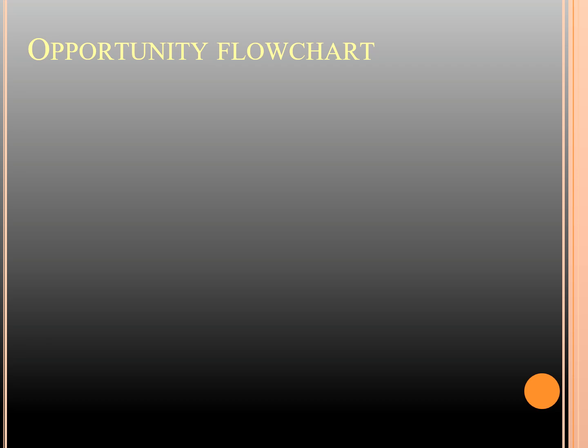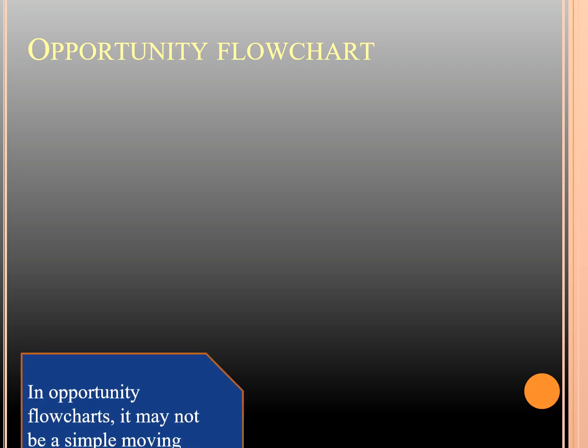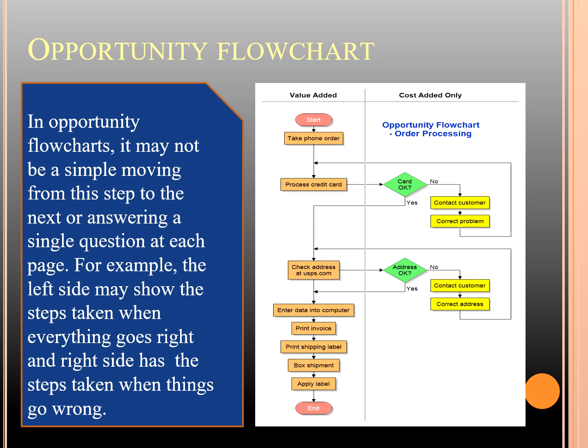Another type of flowchart is opportunity flowchart. In opportunity flowchart, it may not be a simple moving from this step to the next or answering the single question at each page.